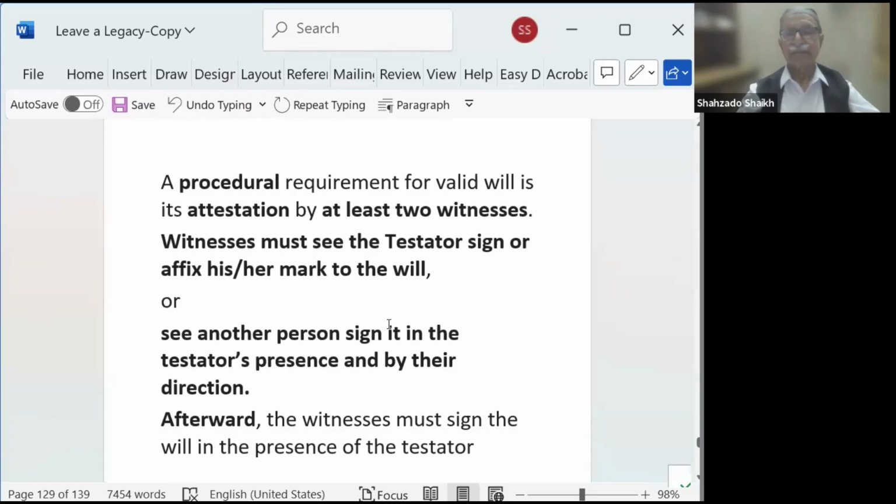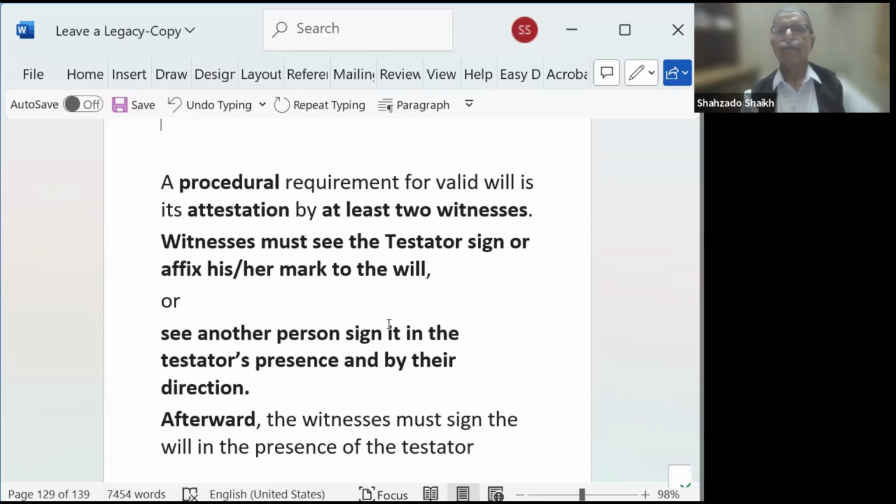Witnesses must see. If the witness comes to the court and says that yes, they told me that he had signed it, yes, I was sitting in the other room, he signed it, yes, I was sitting there on the chair, and there were many people, they had covered the table. He was sitting at the table, he was writing there, and I could see that he was signing papers, but he doesn't say that every word, everything which is written there, was read or written, and was signed personally by the testator.